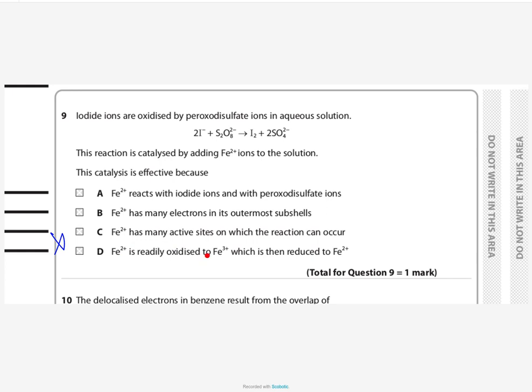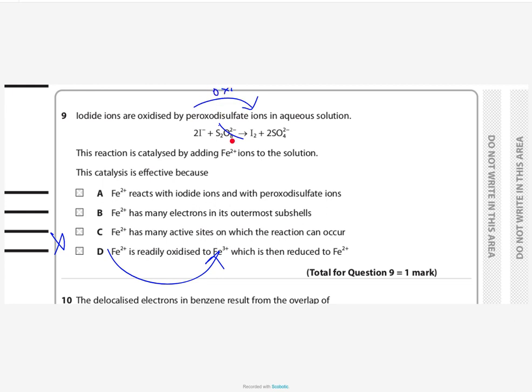Fe2+ is readily oxidized to Fe3+. When Fe2+ is oxidized to Fe3+, what happens? I minus to I2 is an increase in oxidation state.